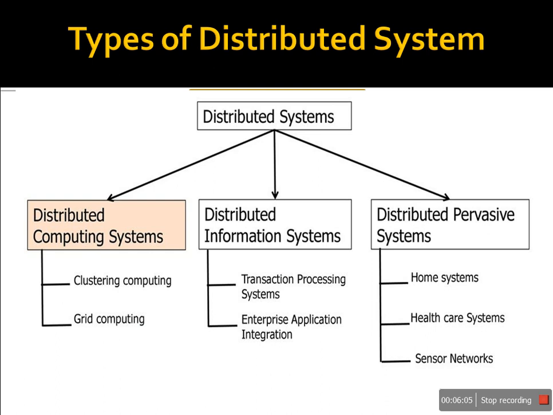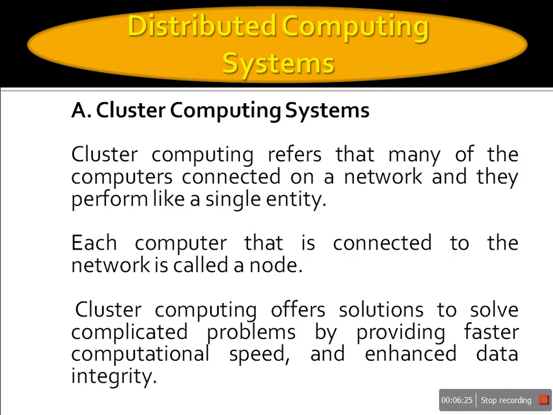The first one is transaction processing system and the second is enterprise application integration. And the third type of distributed system is distributed pervasive system, examples of which are home systems, healthcare systems and sensor networks. So let's move on to the first part, distributed computing system.